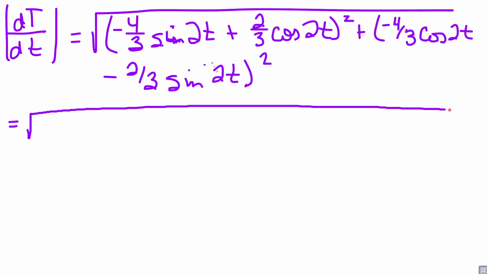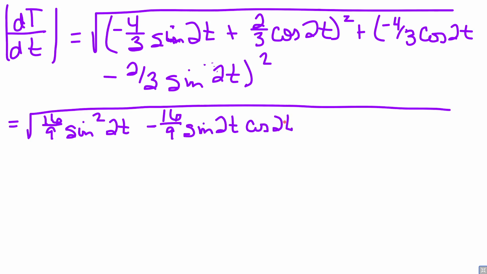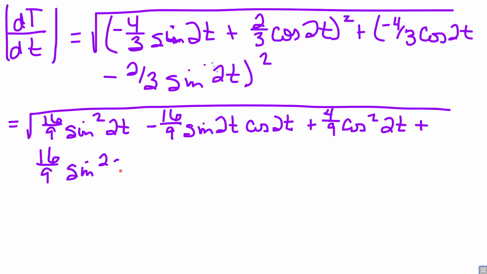So if I square this out, I'm going to have 16/9 sine squared 2t minus 16/9 sine 2t cosine 2t plus 4/9 cosine squared 2t, plus 16/9 sine squared 2t.